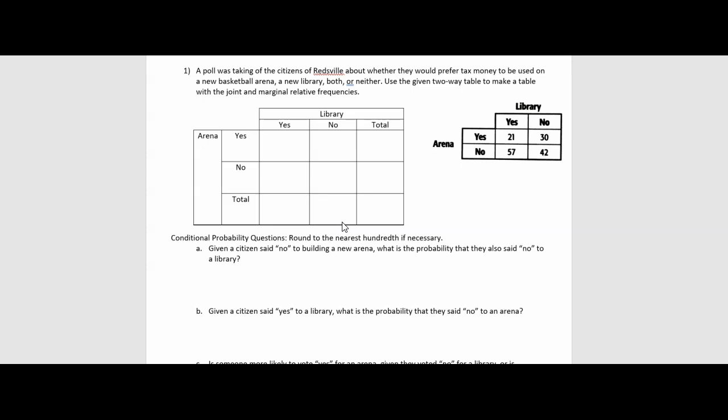So this is a table like the one we looked at for math and English, right? There were 2 variables: how they voted, so yes or no, and what they were voting on, the library or the arena. That's a two-way table. We're now going to make a two-way frequency table.